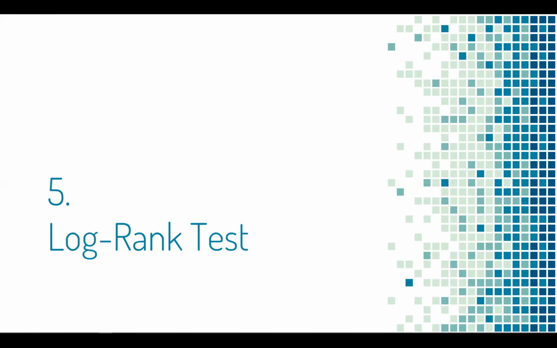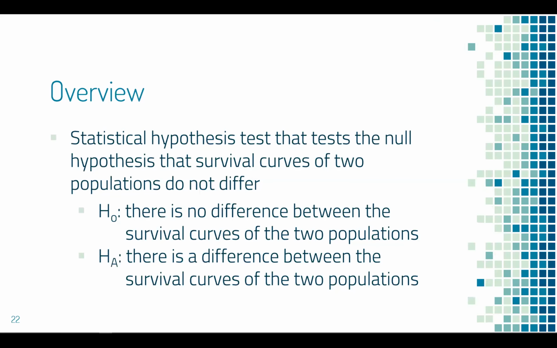So as Roland mentioned, if we want to determine whether or not two curves or multiple curves are significantly different, the method that we're going to use is the log rank test. It's a statistical hypothesis test where your null hypothesis is that the two curves are the same, so there's no statistically significant difference between the two curves.